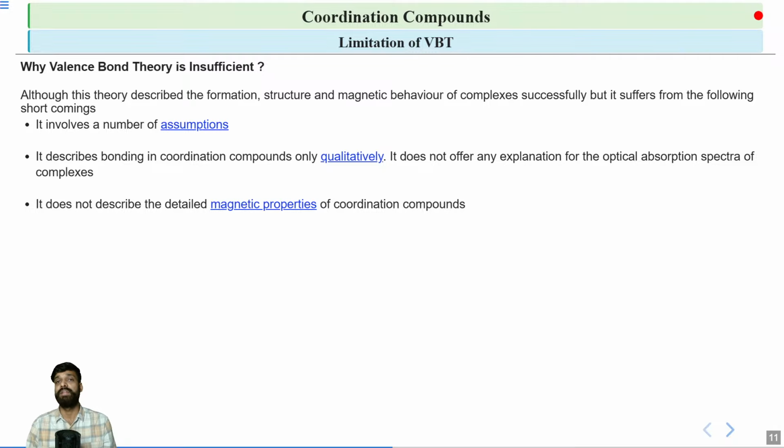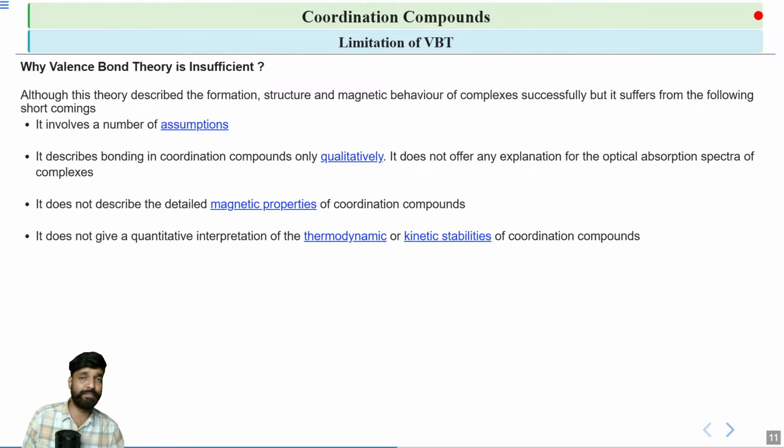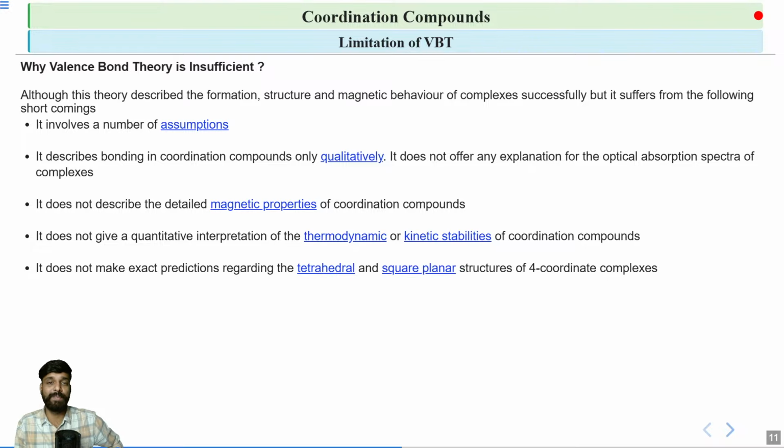It is something experimental, and hence we cannot know whether a given compound is outer orbital or inner orbital, and hence we cannot know the magnetic properties either, because that is based on the fact that we should already know the complex nature. After that, it has no interpretation for thermodynamic or kinetic stability, whether the given compound is stable or not, or reactive or not.